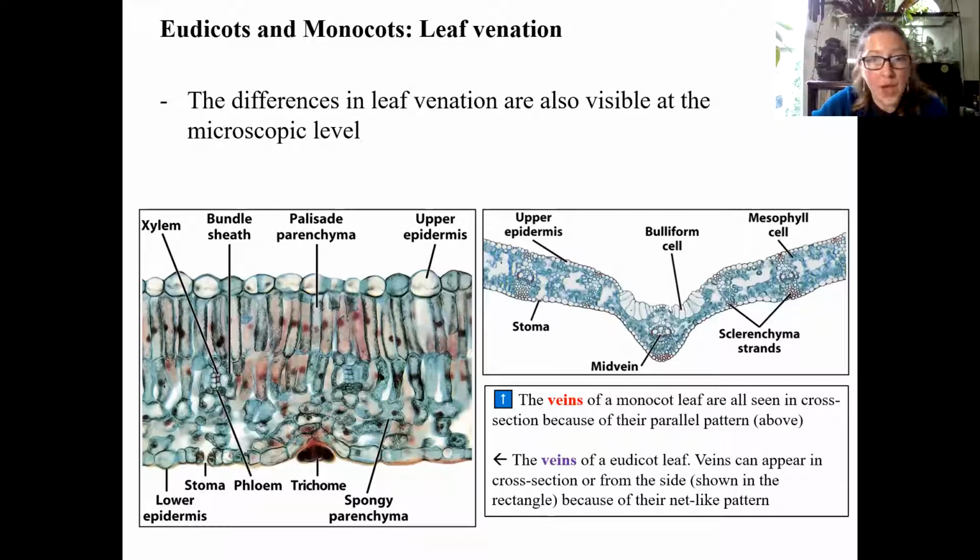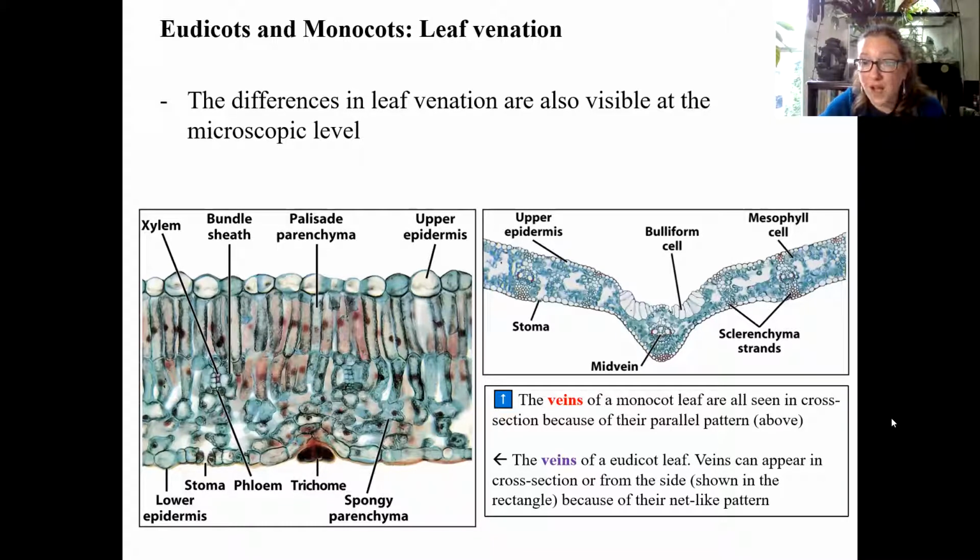Here you go. So on the left, let me just move this box out of the way. On the left here, you have a eudicot leaf. And on the right, you have a monocot leaf. And so what you want to look for is the veins. Sorry, I thought we had a question. What you want to look for is the veins.